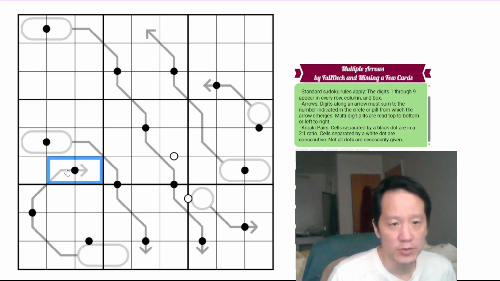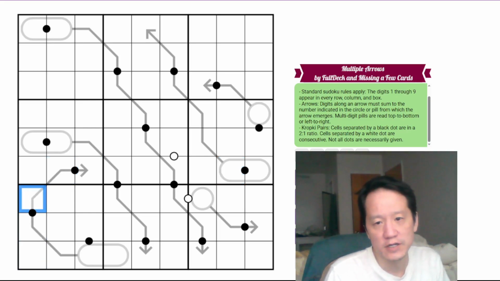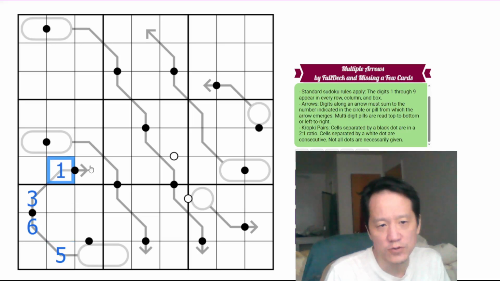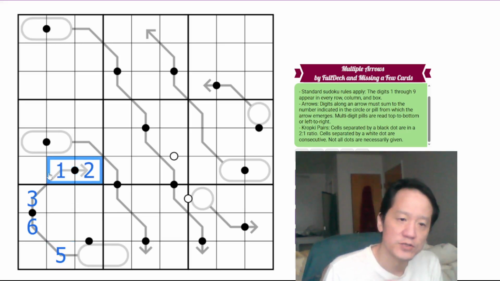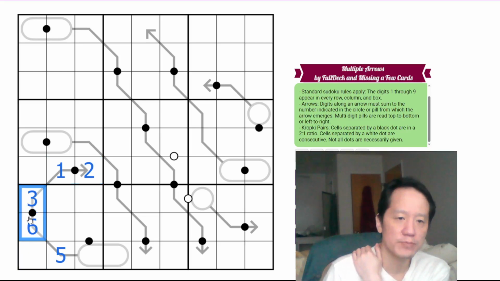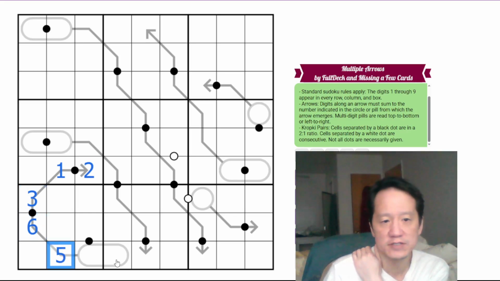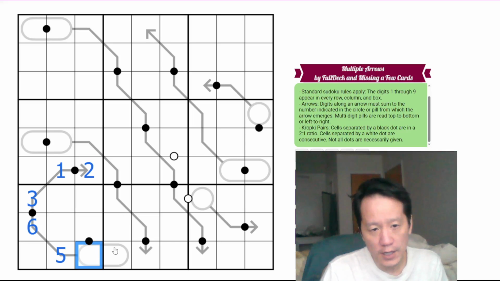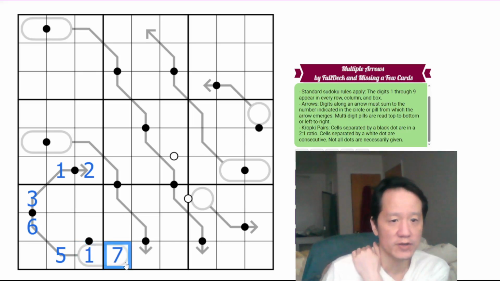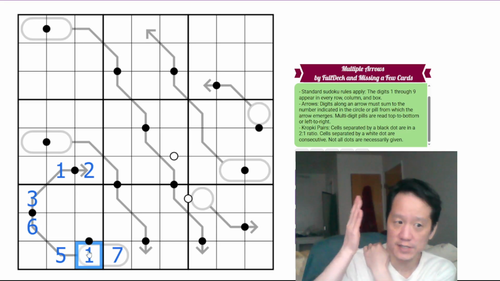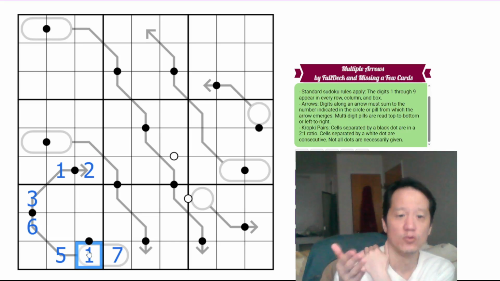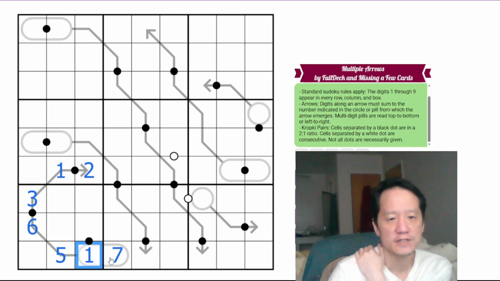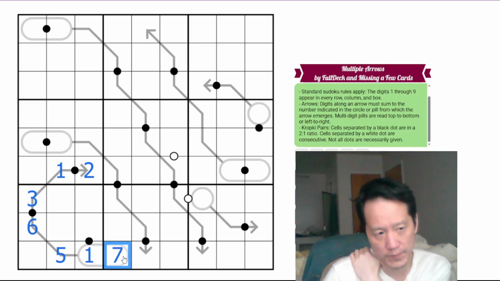So as an example, let's use this. This could be like, say, 3, 6, and 5, and let's make this 1 and 2. This would, as a total, add up to 3 plus 3 is 6, plus 6 is 12, plus 5 is 17, and then this would be 1 and 7, because the 1 would signify the tens place, which is obviously 10, and then the 7 would be the ones digit here.